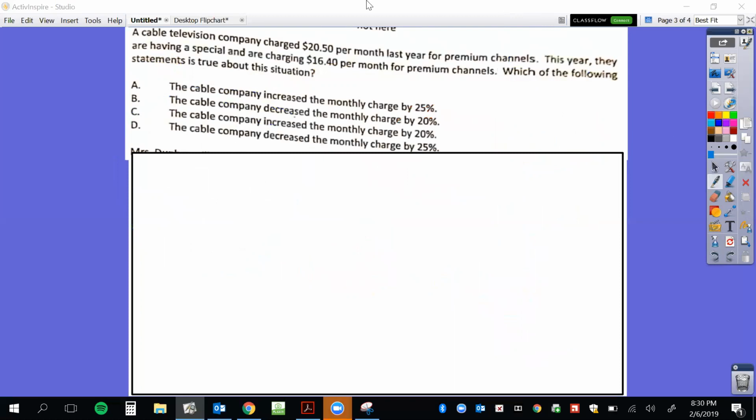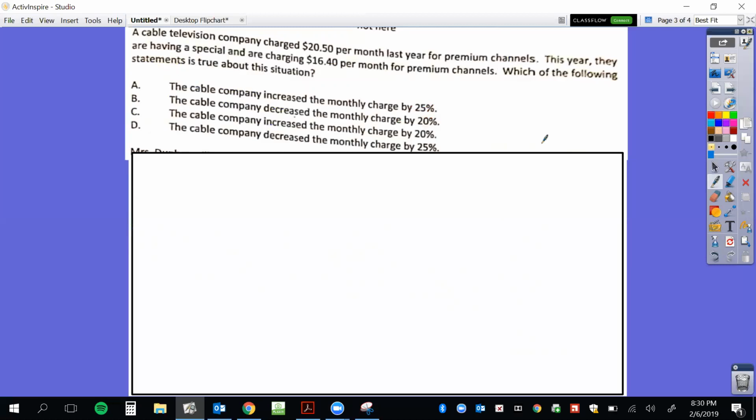This one says the cable television company charged $20.50 per month last year for premium channels. This year, they are having specials and are charging $16.40 per month. Which of the following statements is true?